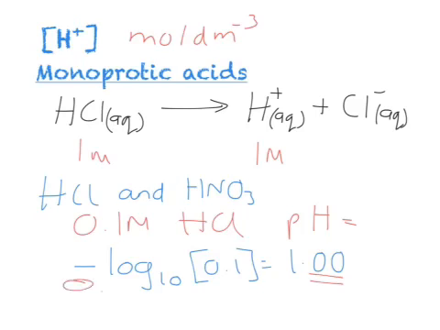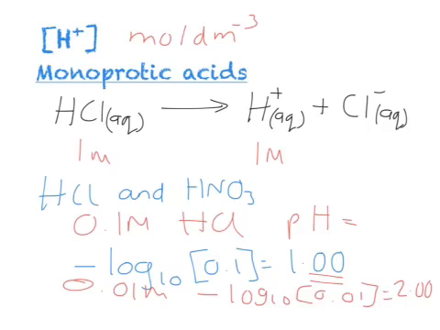Let's say we had a 0.01 molar concentration of nitric acid. The pH would be negative log to the base 10, 0.01, and if you pop that into your calculator, it comes out as pH 2.